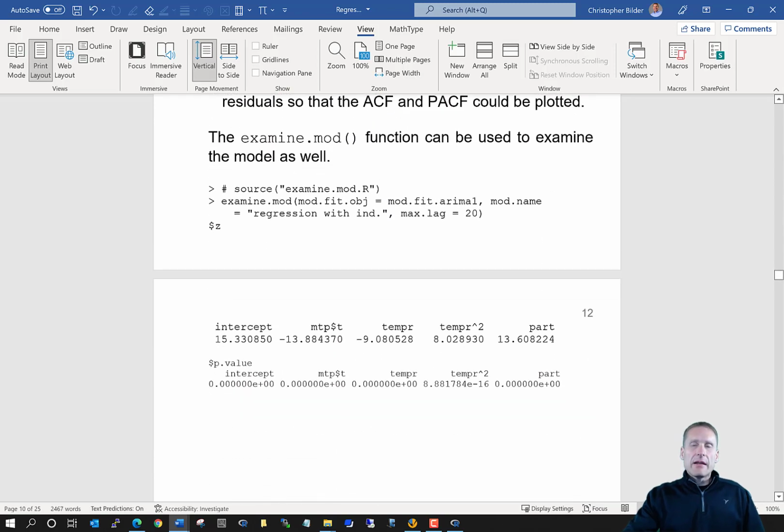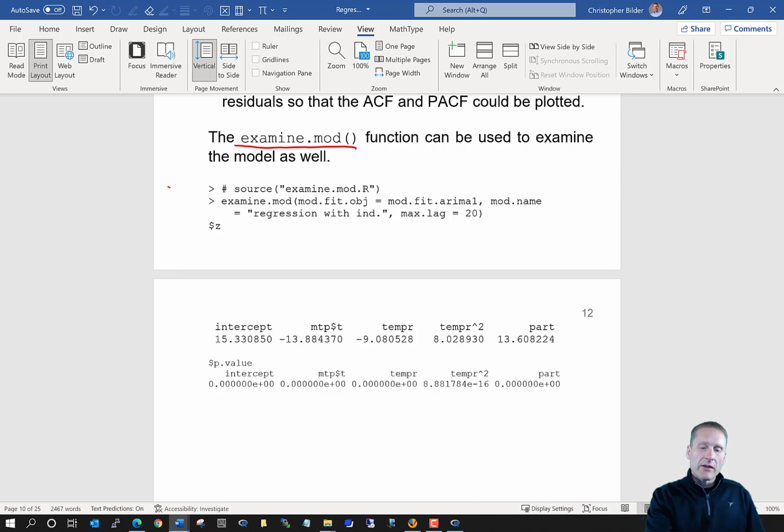Now, one of the strengths of using the ARMA function to estimate this model versus using some other functions available in R is that now we can go back to using my examine.mod function that we've used previously to examine various diagnostics corresponding to the model's fit.